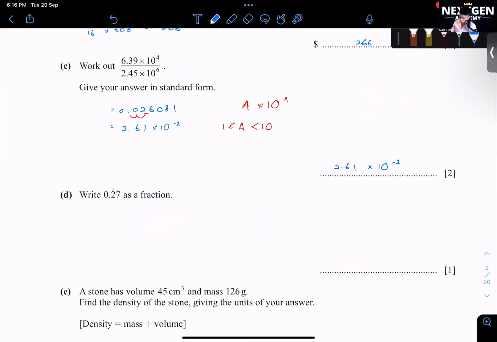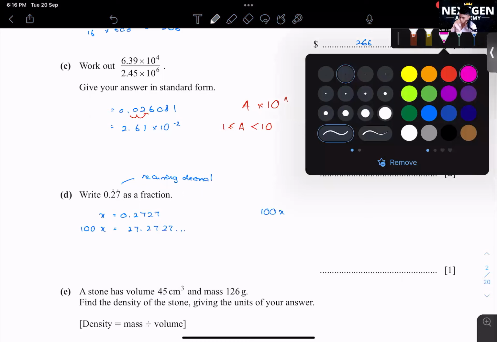Write 0.27 as a fraction. This is the method that I taught you all. This is your recurring decimal question. That means it will become 0.27272727... You want to times 100, so 100x is 27.2727... This is equation 1, equation 2.